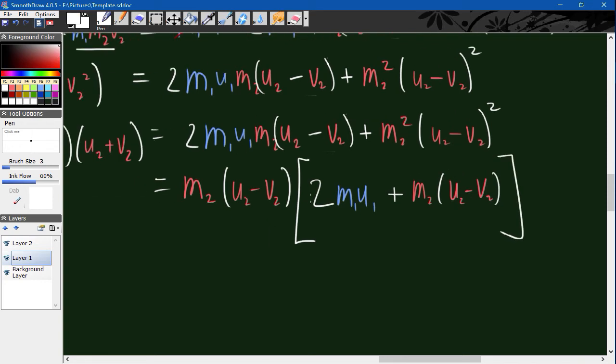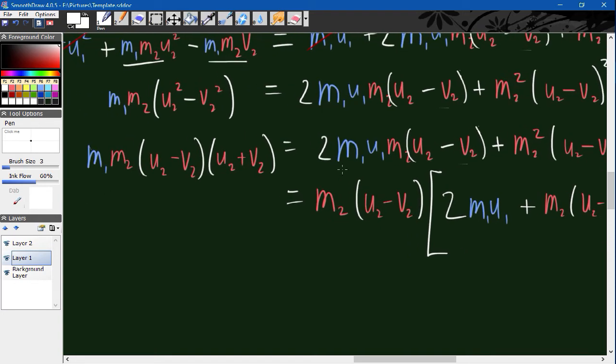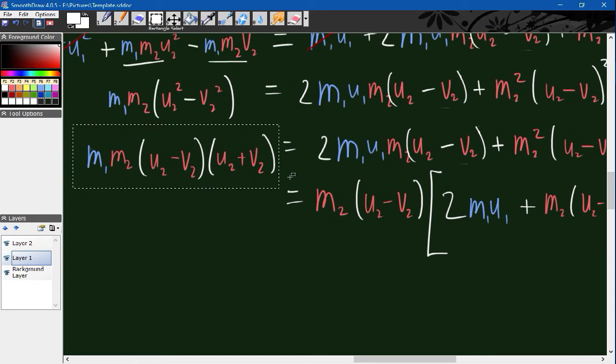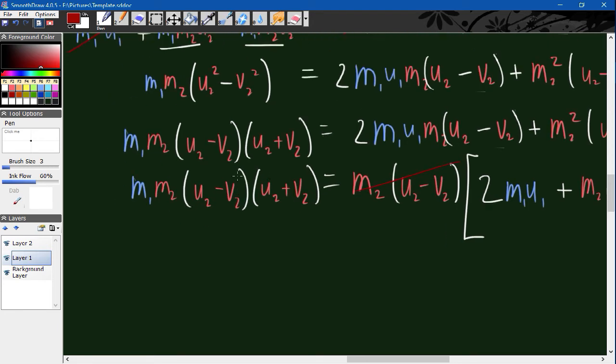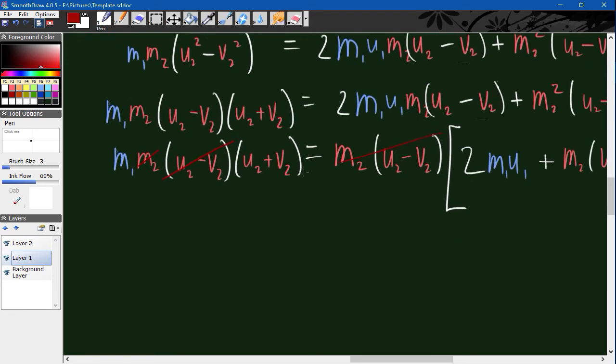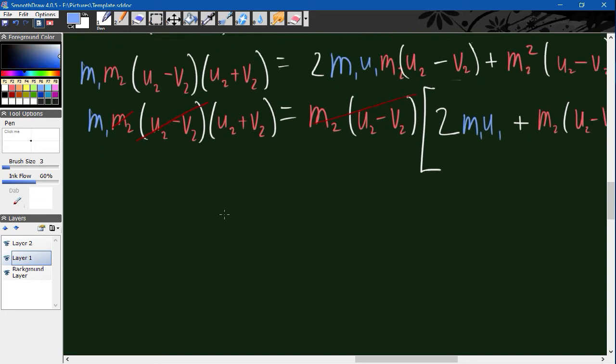We just factored out that term from all the terms here. And you may have noticed that we could just cancel these out. We could cancel this out, this out, and that out. So we will be left with this equation.